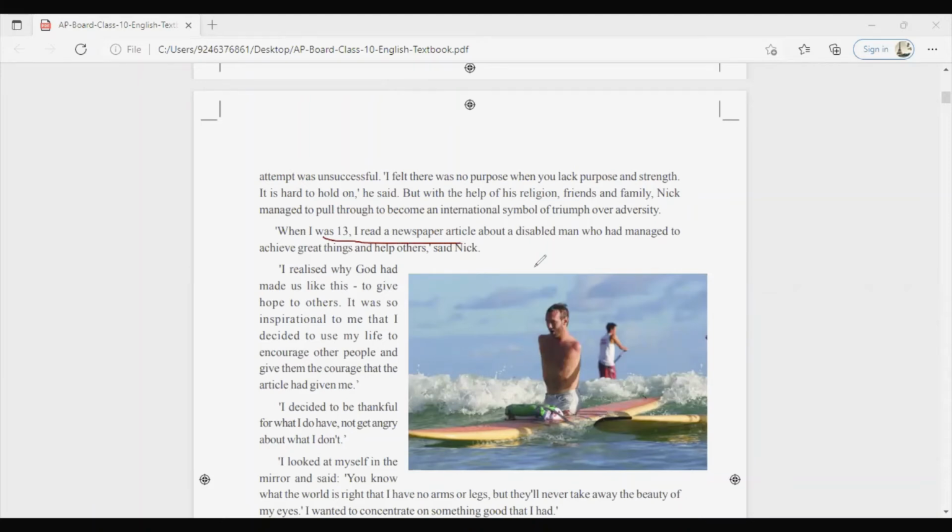It was about a disabled man who had managed to achieve great things and help others, and how that disabled person succeeded in his life doing small things in a great way. He got inspired. Nick, after going through that article, realized the purpose behind his birth. Then he started concentrating on the good that he had.